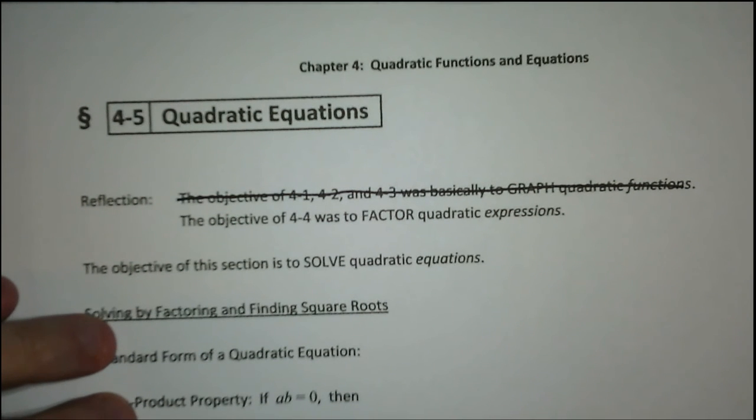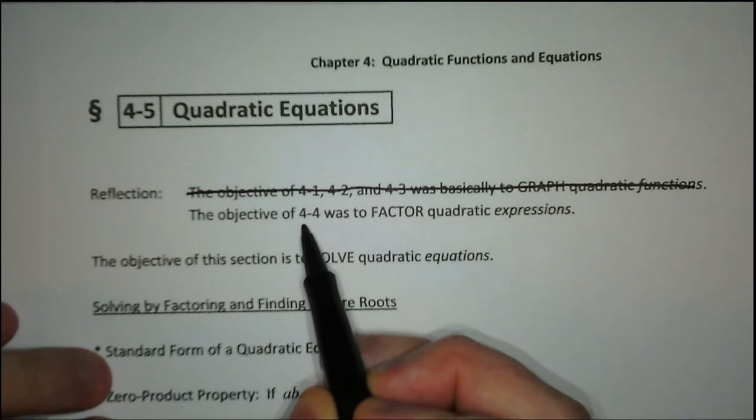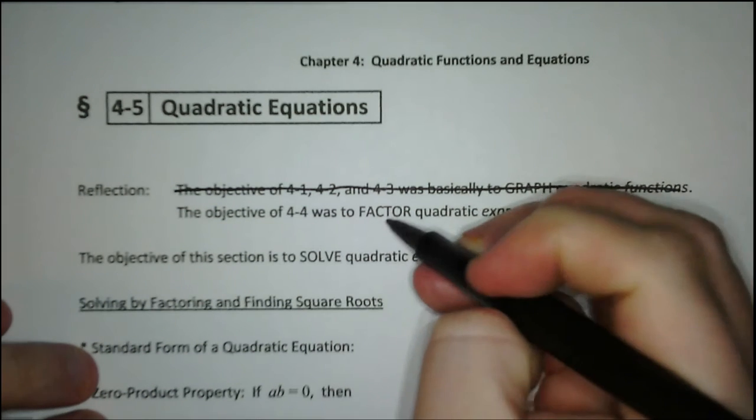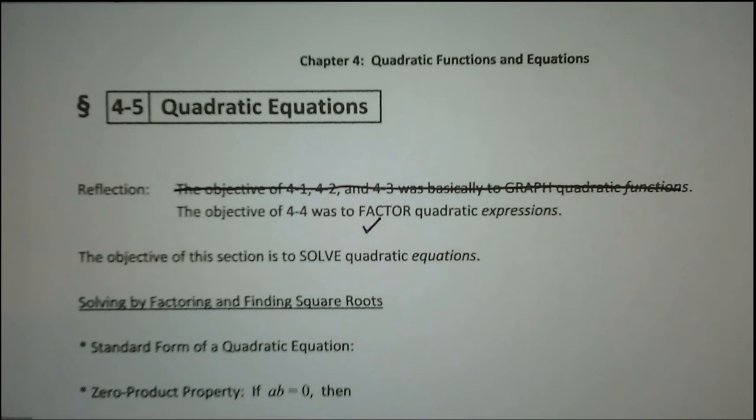It's going to be more of a good thing. And then this other note, the objective of 4-4 was to factor. We already took care of that last week. So we now don't even have to do section 4-4 because we already reviewed that.